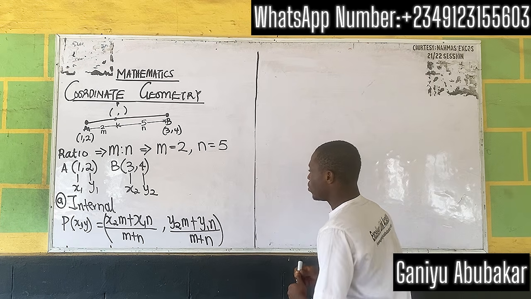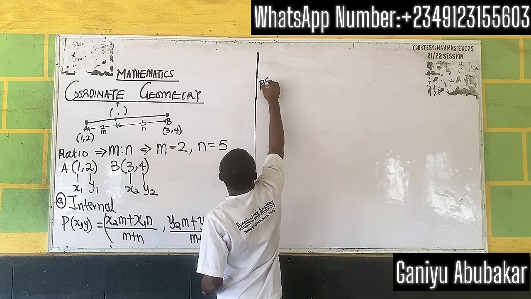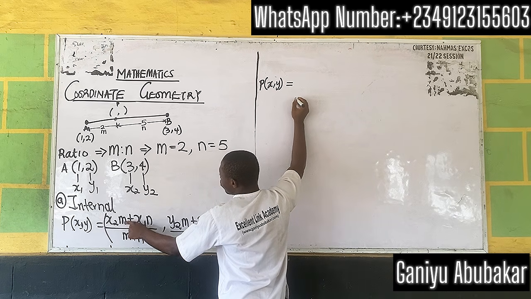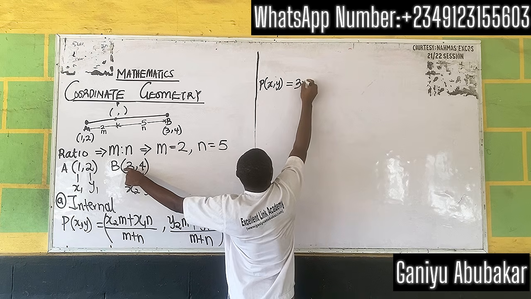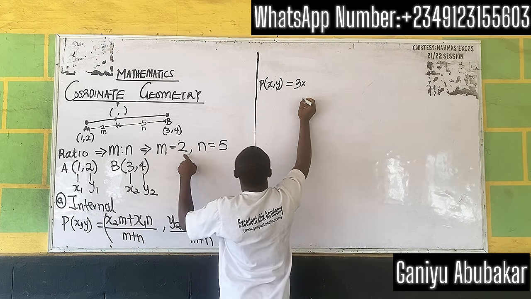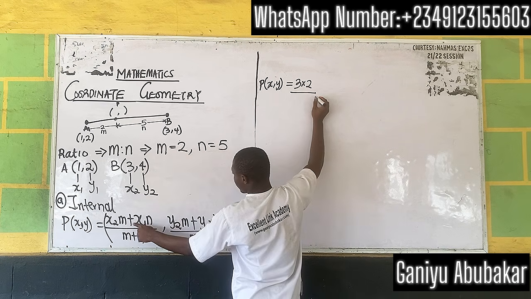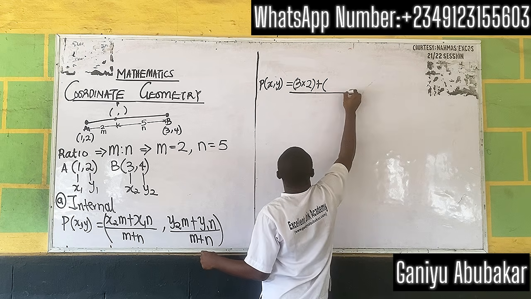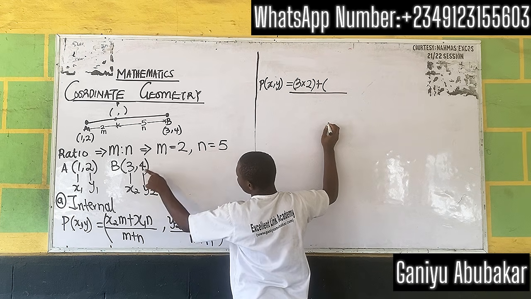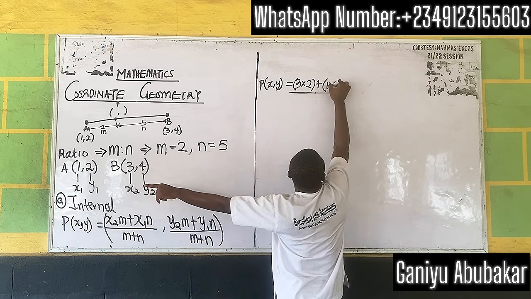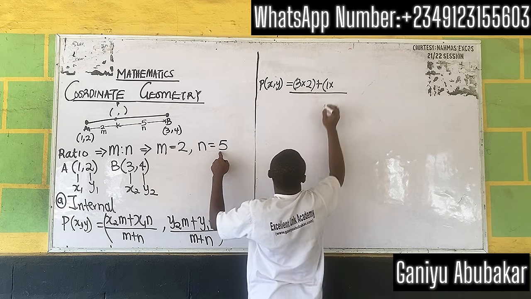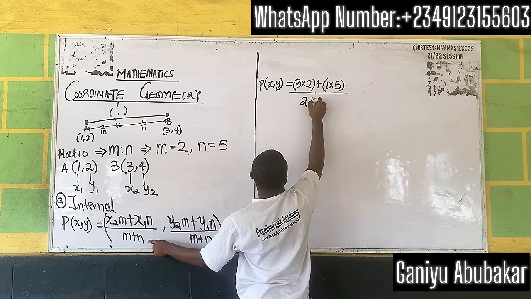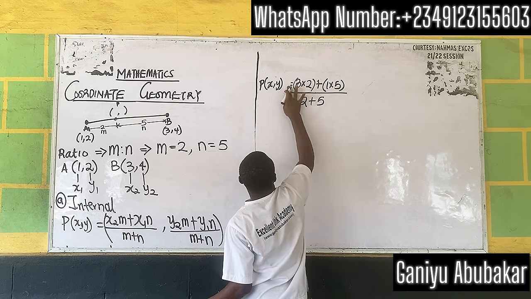All right. My point P internally will be equal to x2m. What's x2? x2 is 3, times m, which is 2. Then plus x1n. x1 is 1, times n, which is 5, all over m plus n, that's 2 plus 5. This one is done.